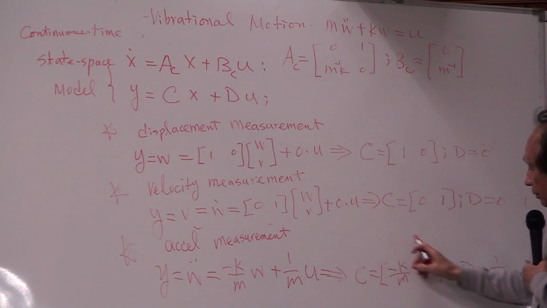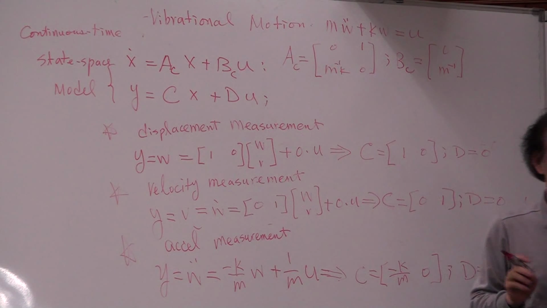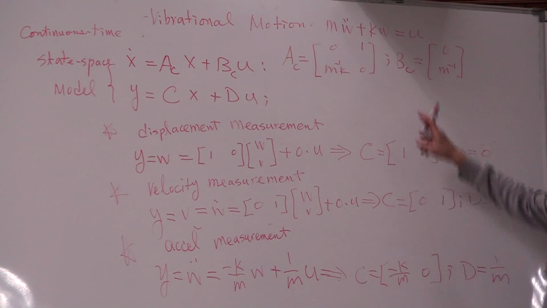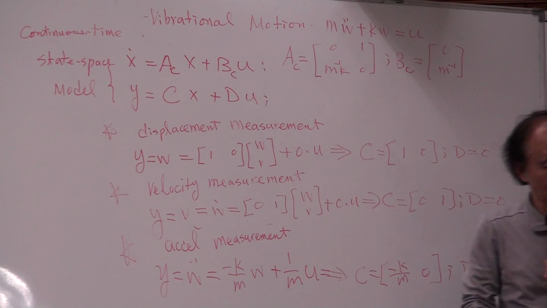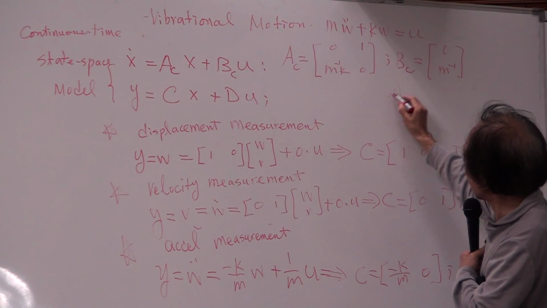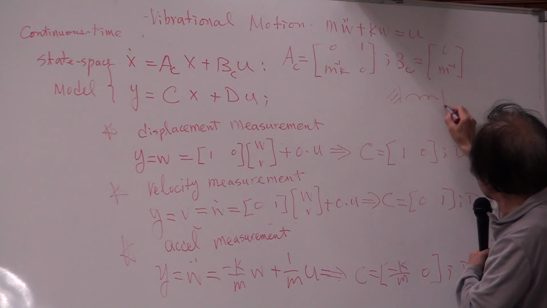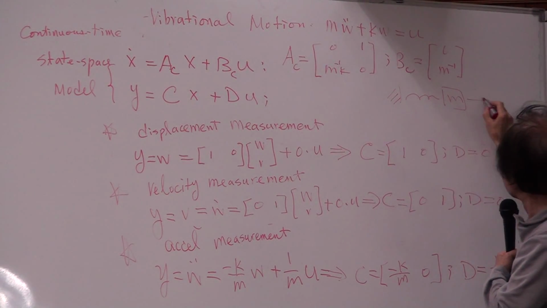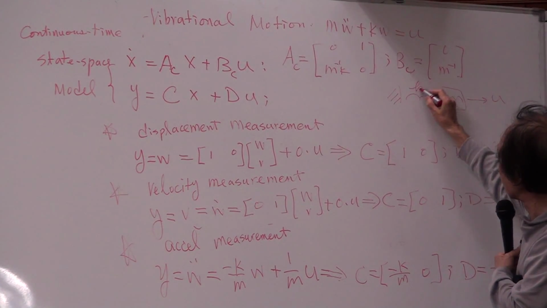Where does this term come from? This is vibration motions. What do you mean vibration motions? Vibration motion, we have this, then we have this U. Where is this K?